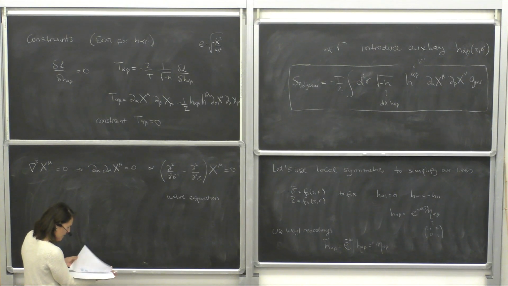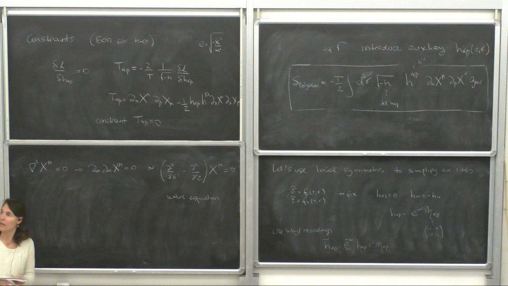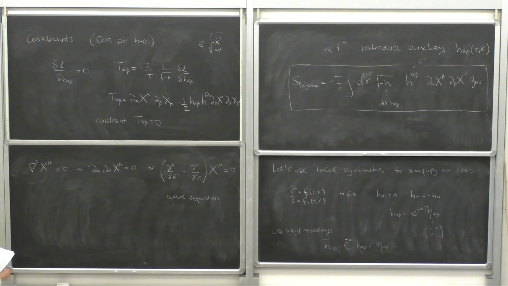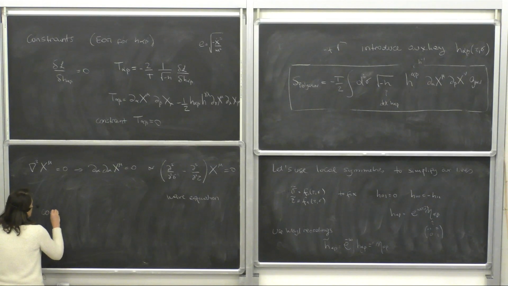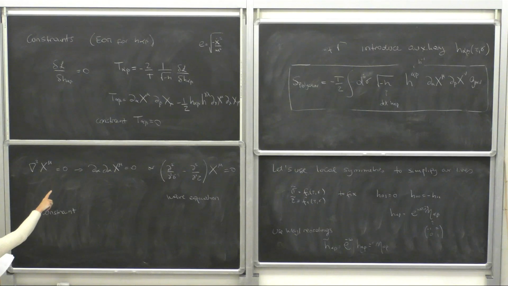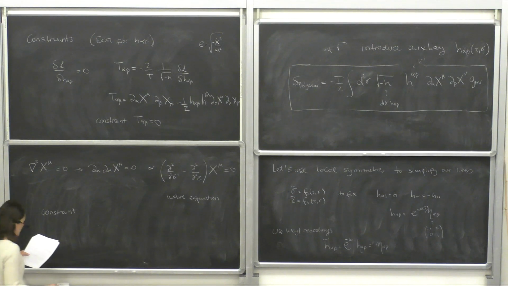Let me say a couple more things. So the wave equation and then the constraint, which was T alpha beta equals 0, which is there.